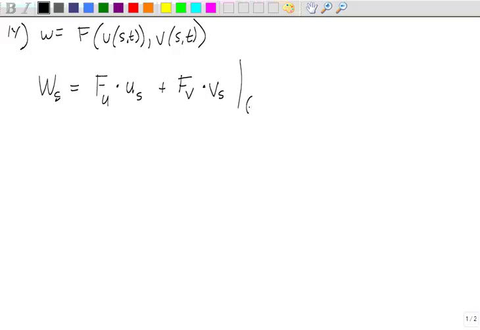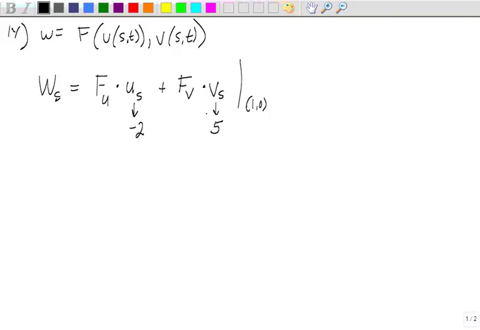And we want to evaluate that at the point 1, 0. Okay, this is given as -2. This is given as 5.